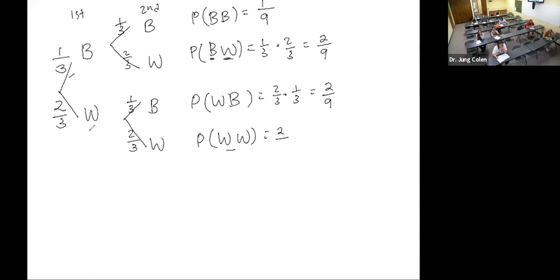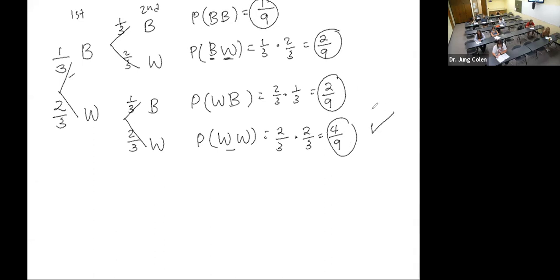Because the first white is 2/3, and second row is also 2/3 because it's replaced. And we have 4/9. When we add all of these probabilities together, what do we get? 1 plus 2 plus 2 plus 4, 9. 9/9, 1. So yes, it works. Okay? Any question for this? Okay, I think you guys are good at this.